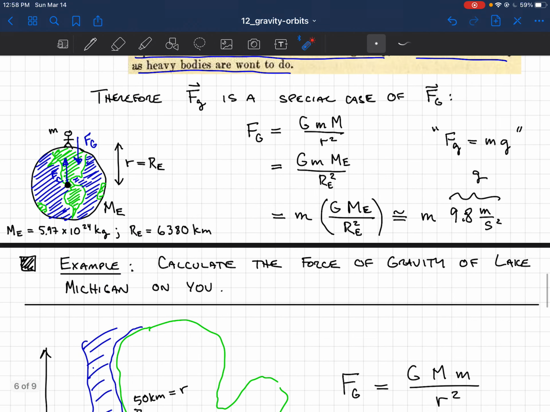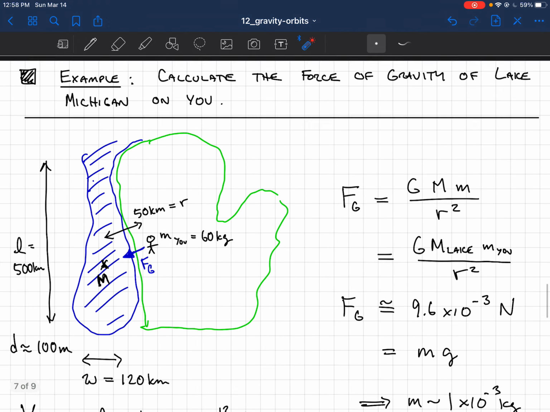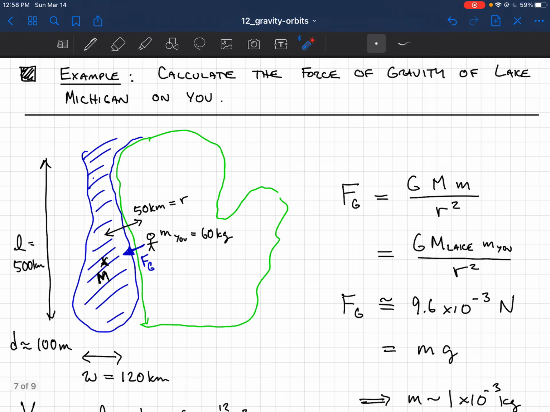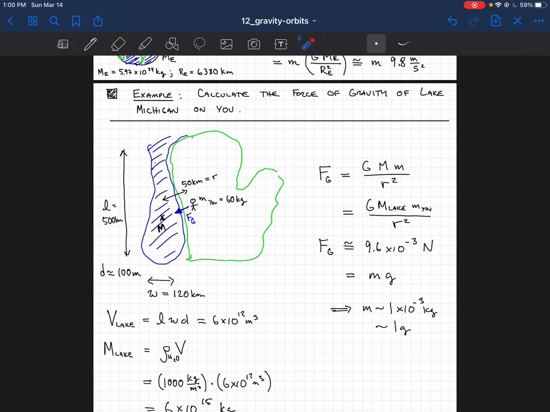We do feel the force of the Earth tugging on us, or at least we feel that in relation to the normal force. That is our weight. So when you calculate the force of the entire Earth pulling on you, you get mg, you get your weight. But if you calculate something else, something smaller, even if it's as big as Lake Michigan, then it's effectively completely negligible. You would never feel it, the weight of a paperclip pulling on you.